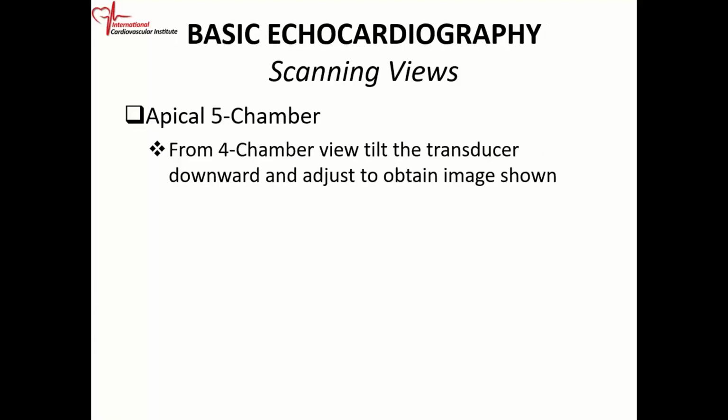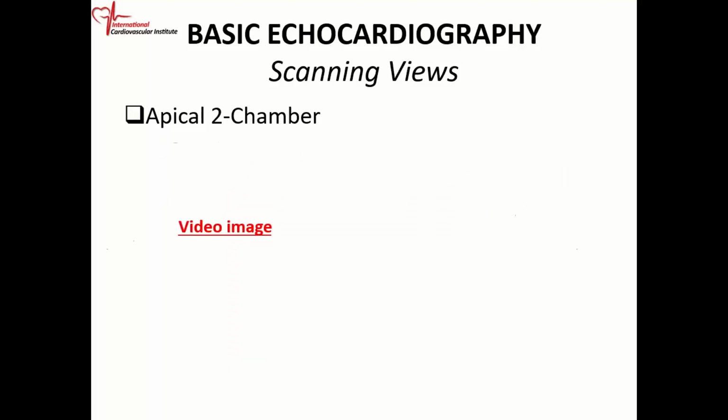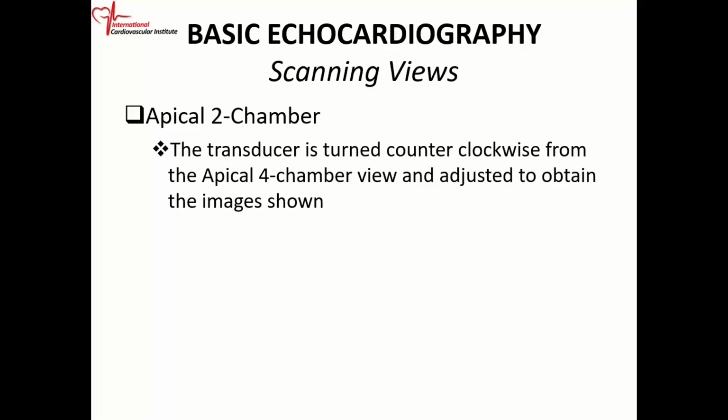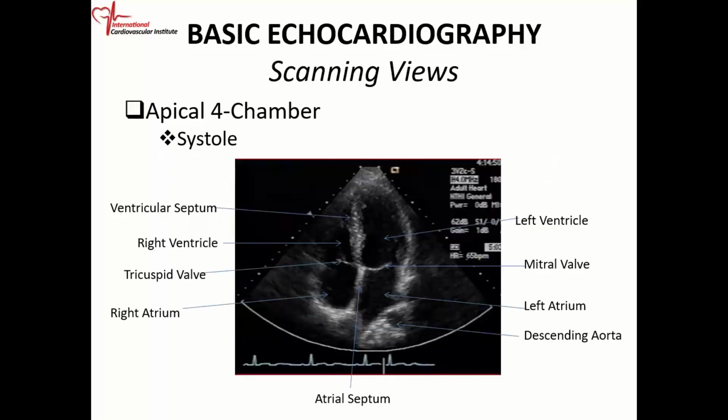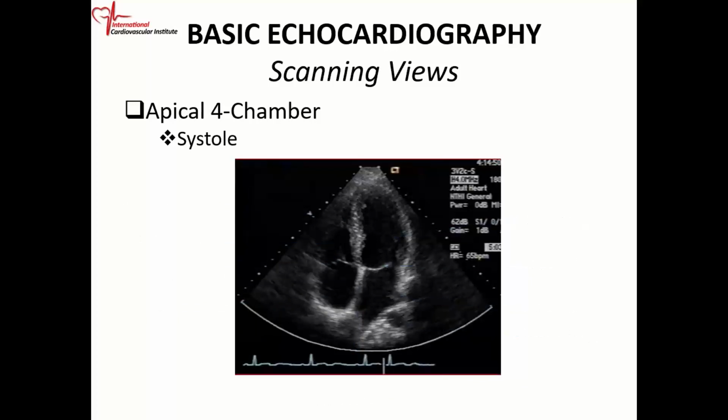Okay, there's something I need to show you. When we did anatomy, we said you can locate the right ventricle by looking at the tricuspid valve, the valve that is lowermost in the ventricle. This is what we mean. This is our apical 4-chamber view.